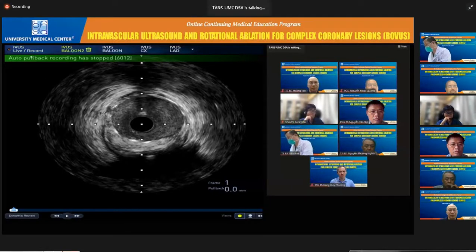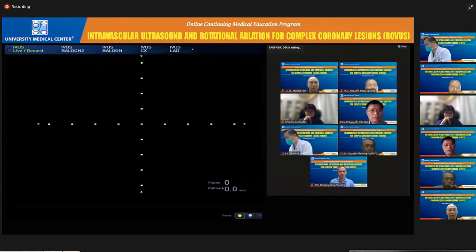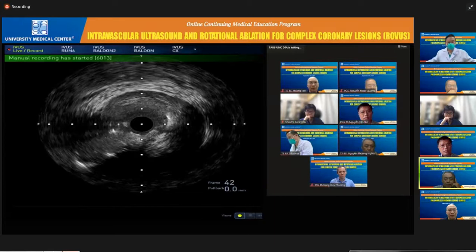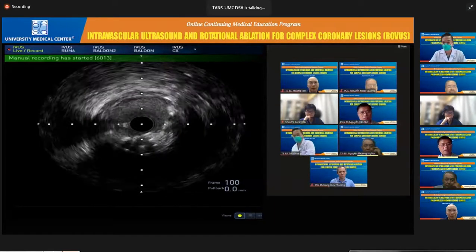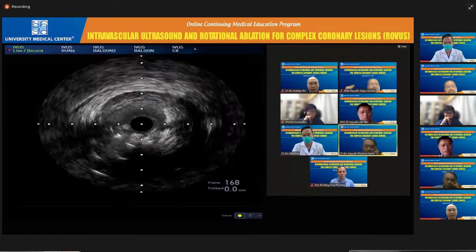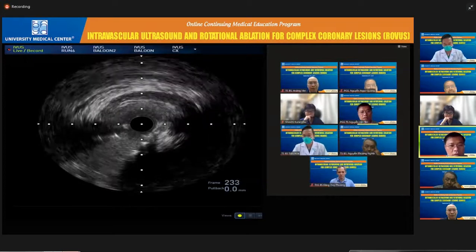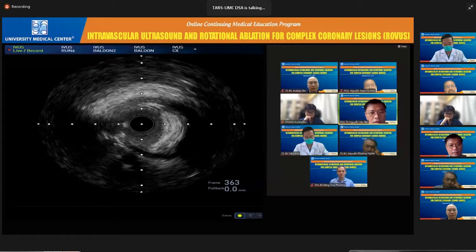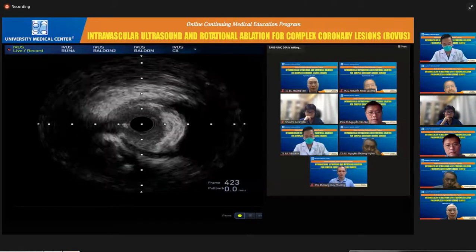The manual. Okay, can you see the IVUS now? Let's see. Yeah, we see clearly, Dr. Wu. Yeah, you can do. Okay, this is the LAD ostium, and we come back.